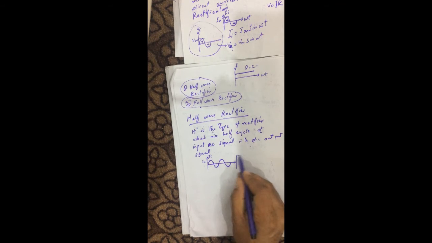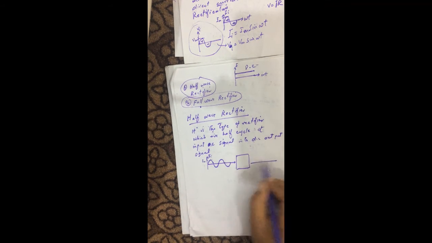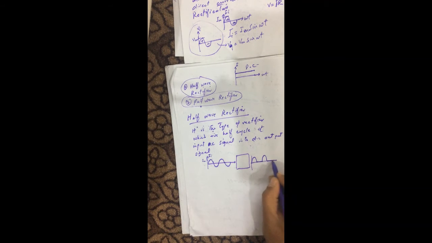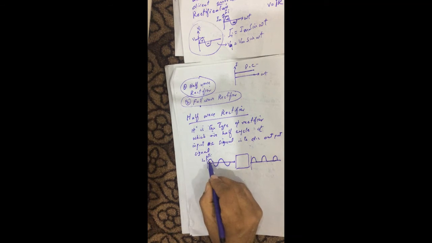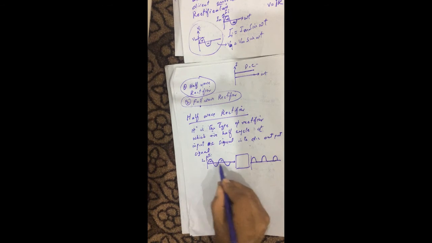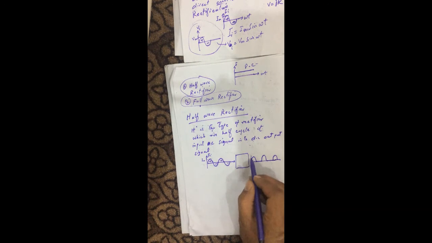After passing this current through this rectifier, in the output we get only the positive half cycle while the negative half cycle is blocked. So this device allows only the positive half cycle. This is positive, this is negative. So positive half cycle passes through this device while negative is blocked.